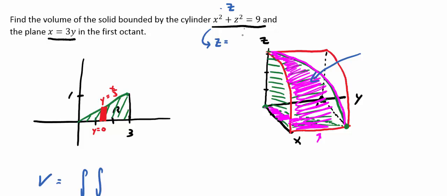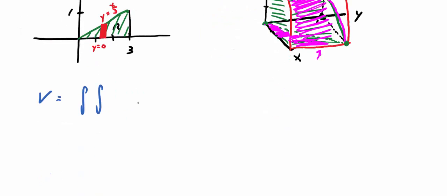Z is going to equal, let's say it's the top part, the positive square root of 9 minus x squared. That's what gives you the roof here. We need z as a function of x and/or y. And so that will be our integrand.